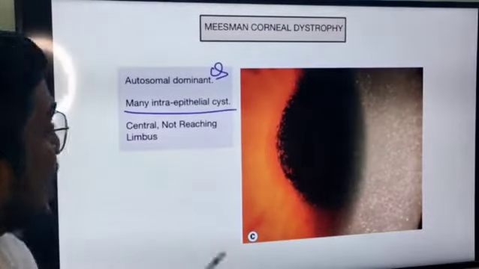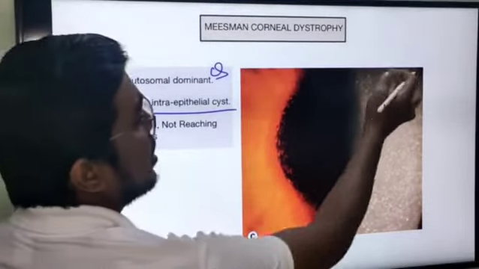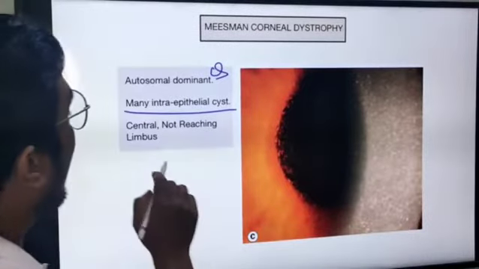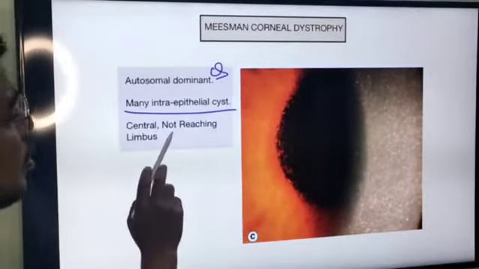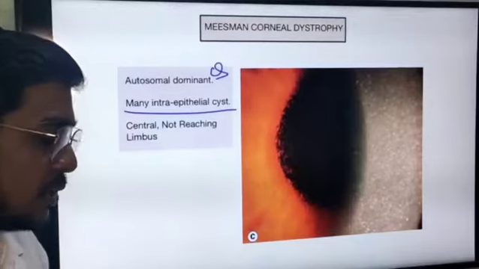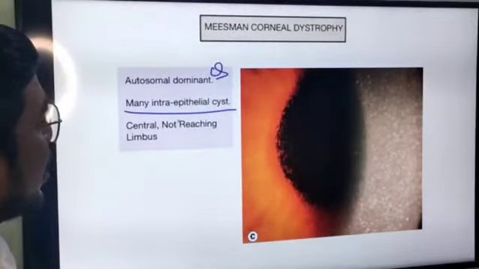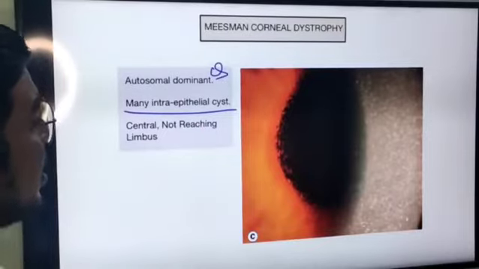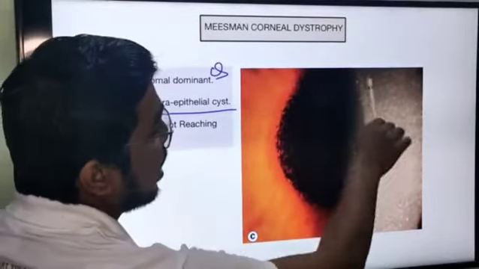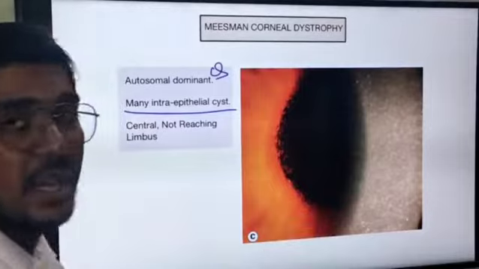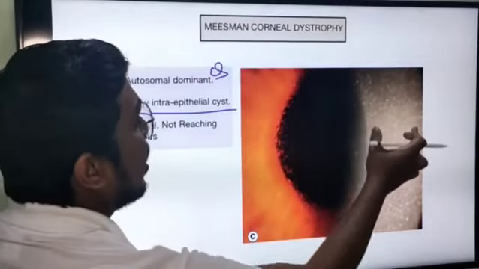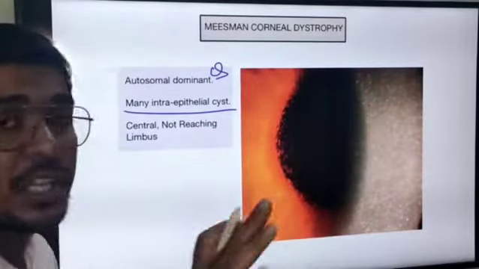Many intraepithelial cysts are seen here, and it is central, not reaching the limbus, meaning it involves mainly the central area, but the limbus is usually spared.